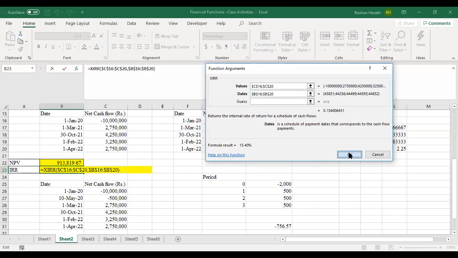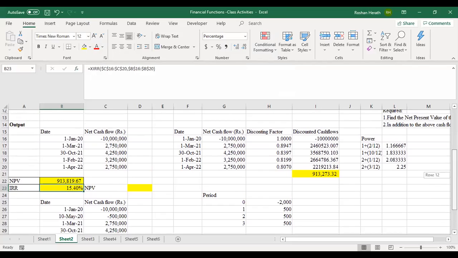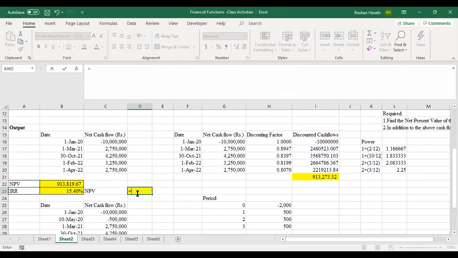Okay, so this project generates a 15.4% return.